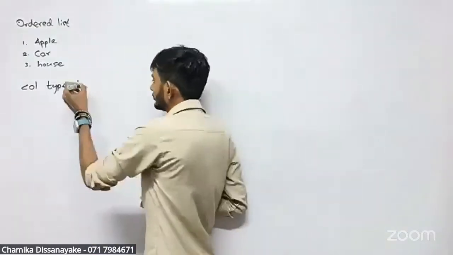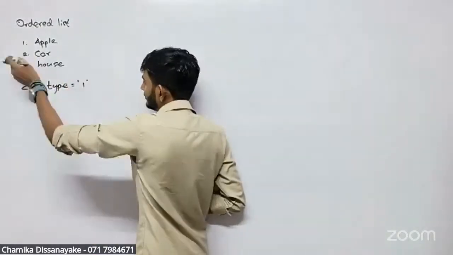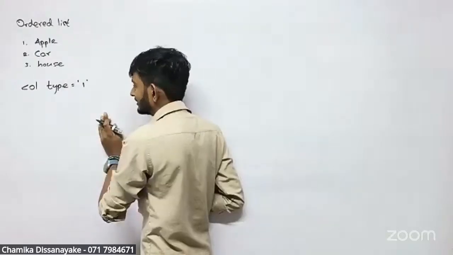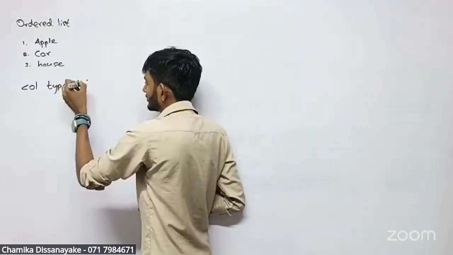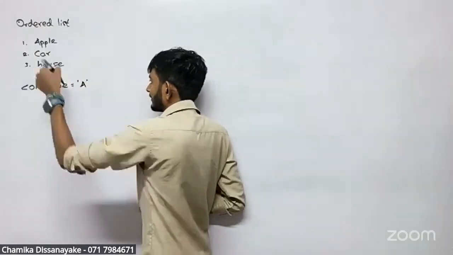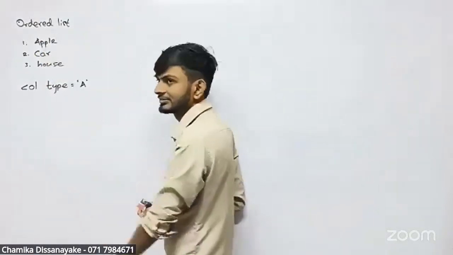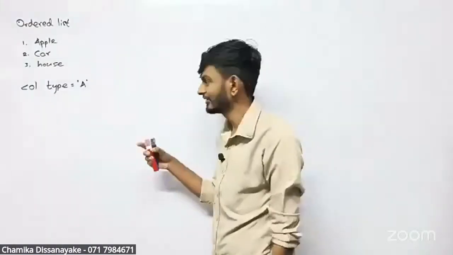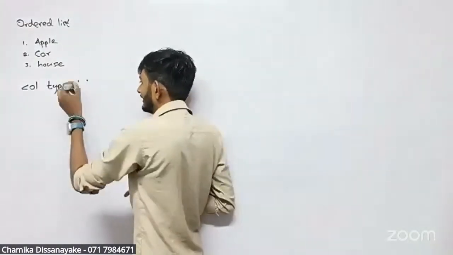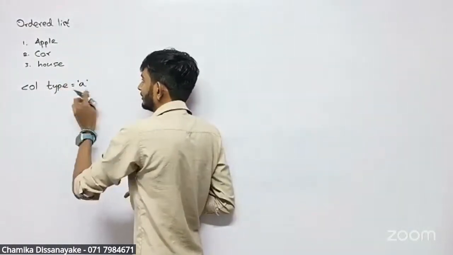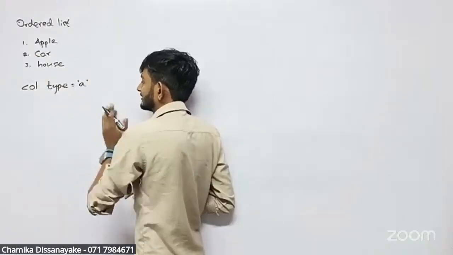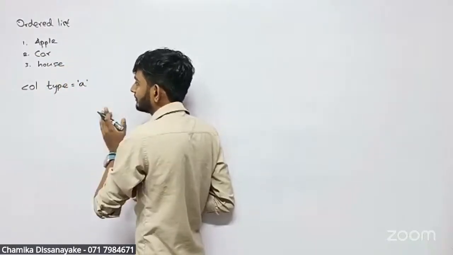If we put 1, it means the normal numbered list. We can put capital A, which will create an uppercase lettered list, A, B, C, likewise. We can put simple a, which creates lowercase letters.